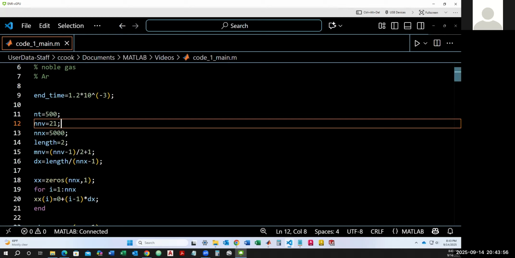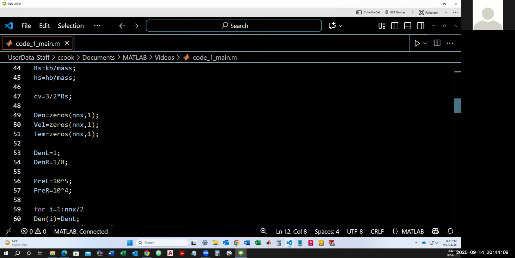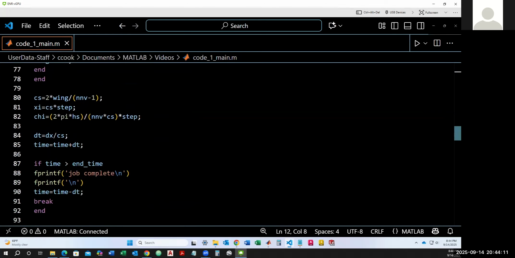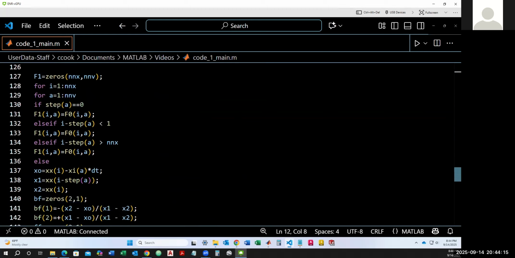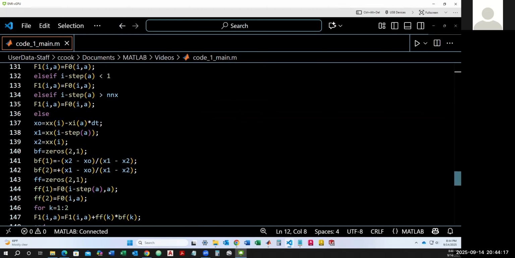So this is a general algorithm that we're setting up. If the grid was non-uniform, this code will work as well. We could have actually used the streaming algorithm from the Lattice-Boltzmann method here, because our grid is uniform, instead of using basis functions.